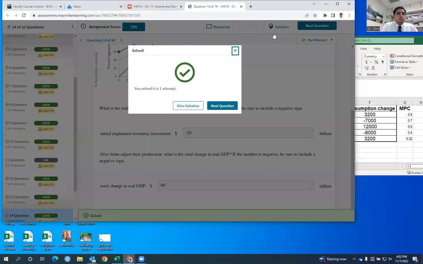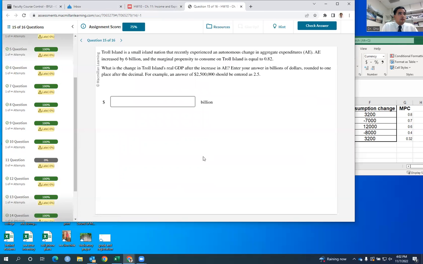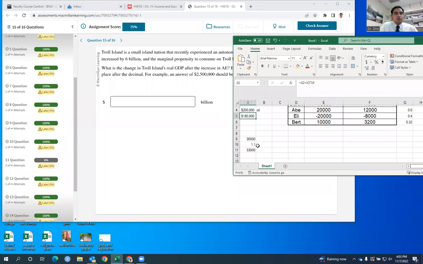Okay. Troll Island is a small island nation that recently experienced an autonomous change in aggregate expenditures increased by 6 billion, and the marginal propensity to consume on Troll Island is equal to 0.82. What is the change in Troll Island's real GDP? So it's just like this one right here, where you have the multiplier, and then you have the change in spending. Okay, that's 6.